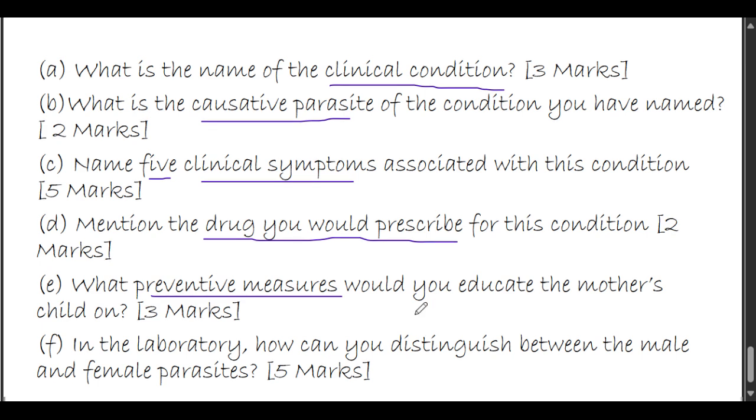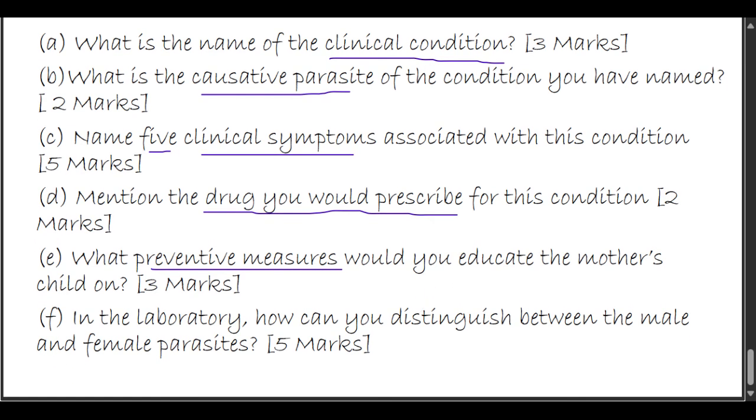Then lastly but not the least, I think this is supposed to be question number 6. Okay, so the question says, in the laboratory, how can you, so this is what I was talking about, how can you distinguish between the male and the female parasites? Okay, between the male and the female parasite.